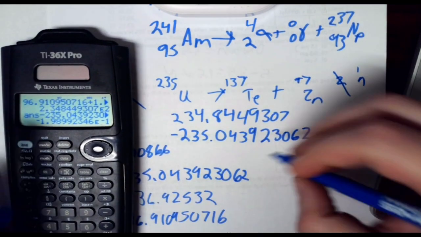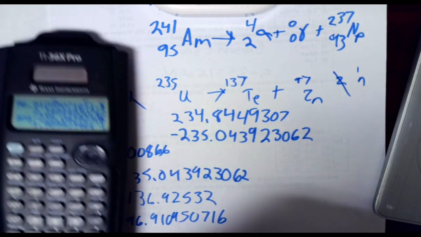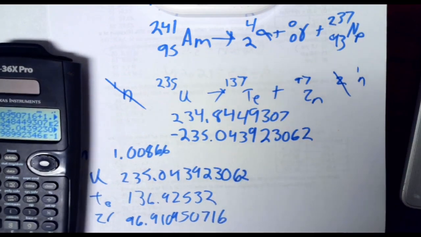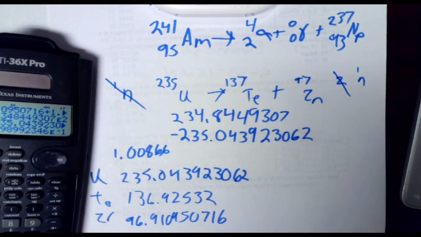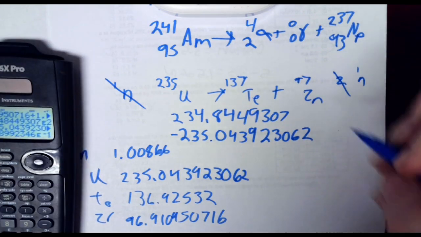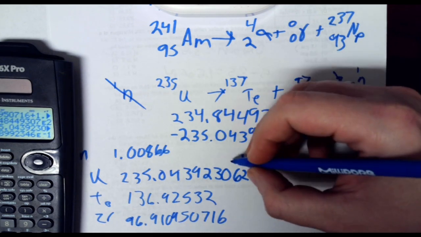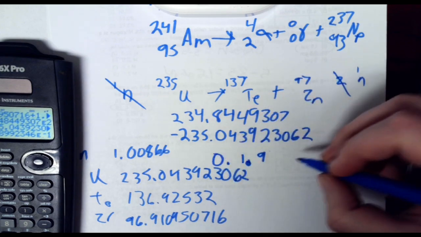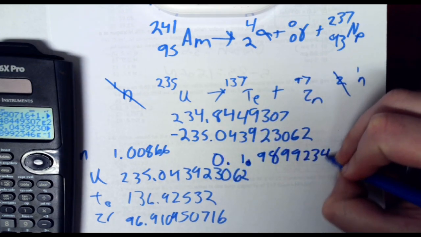Subtract out that. So what is our mass defect? Did I do that right? Yeah. So the mass defect is 0.19899236.